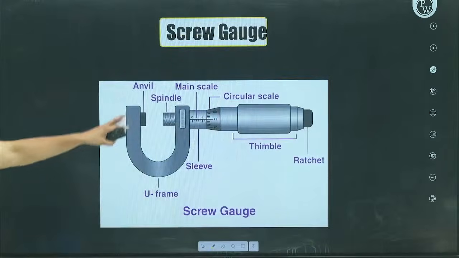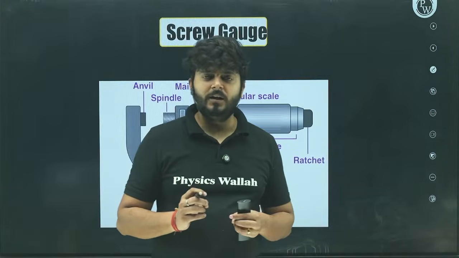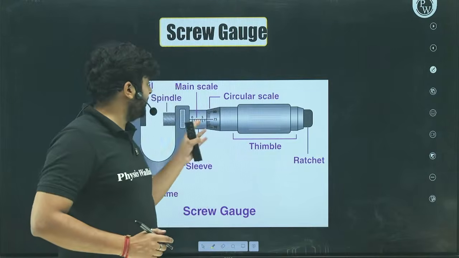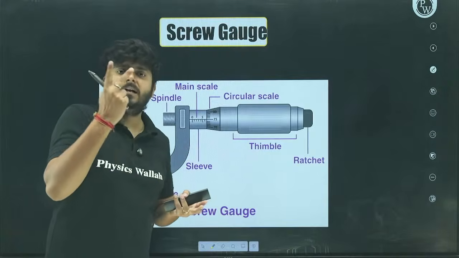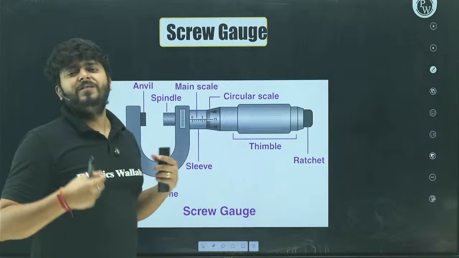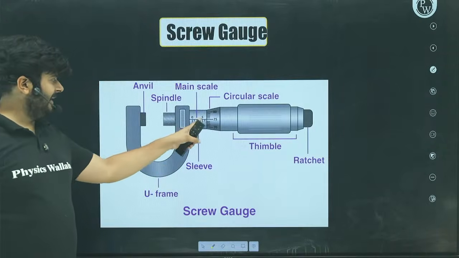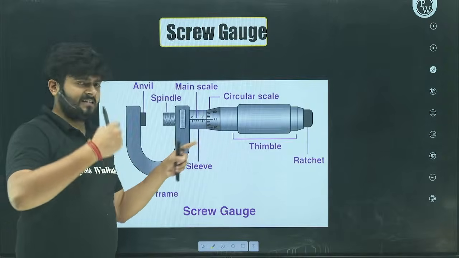So the next concept is the concept of a screw gauge, right? What happens in a screw gauge? In a screw gauge, we have two parts again. Just like Vernier caliper had two scales, main scale and Vernier scale, in the screw gauge also we have two scales, right? Main scale and circular scale. Circular scale is like a nut, right?